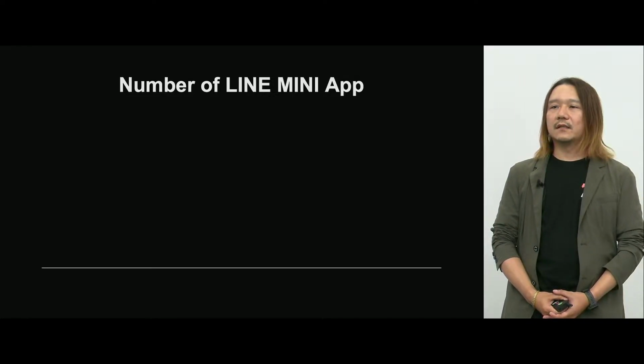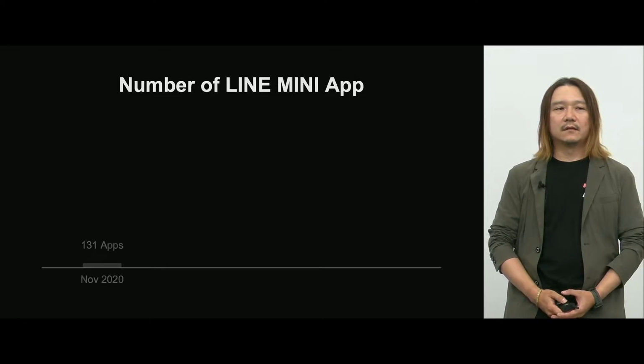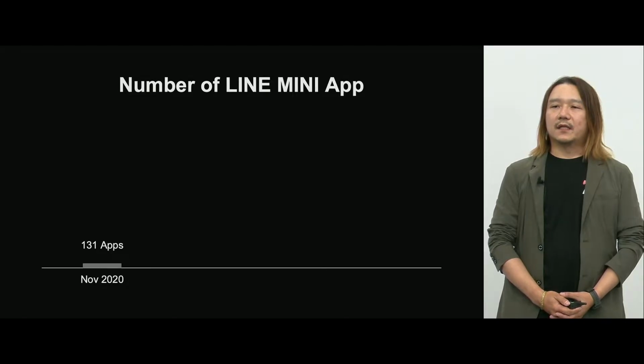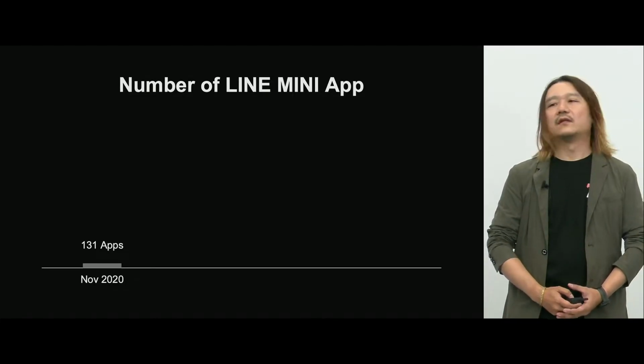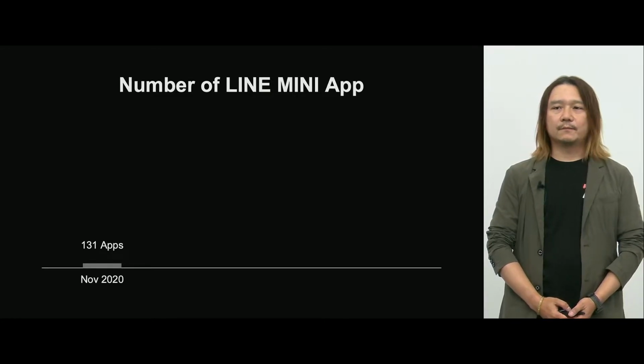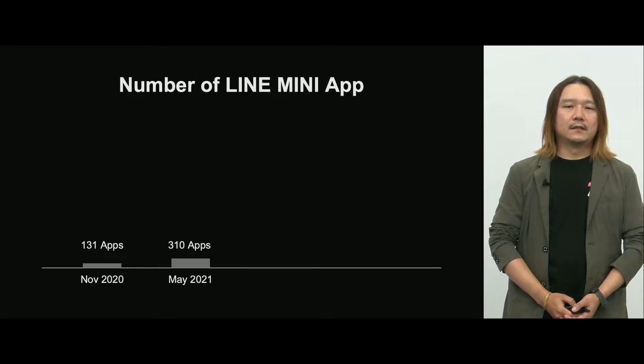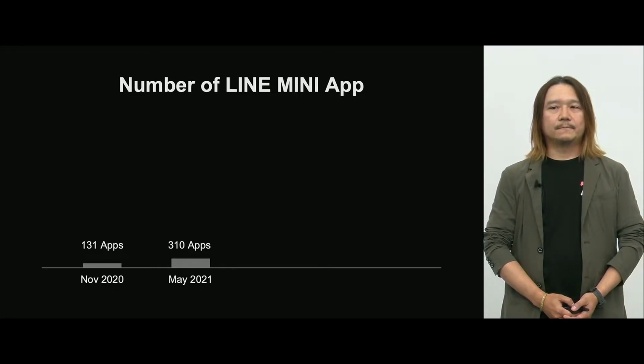I would like to talk about the number of released LINE mini apps chronologically, by year of release. It was 2 years ago, November 2020. At that time, 131 LINE mini apps were released, and it is growing.